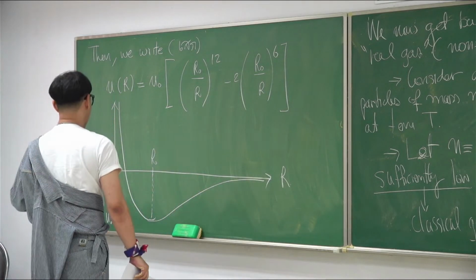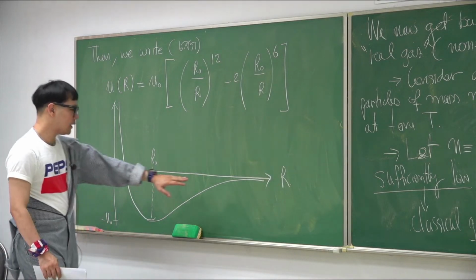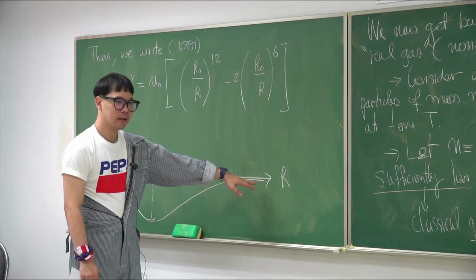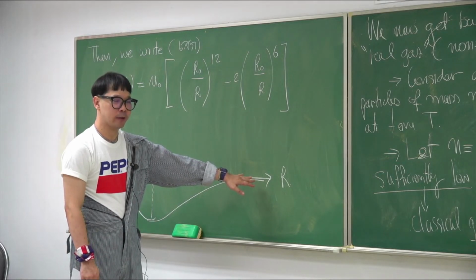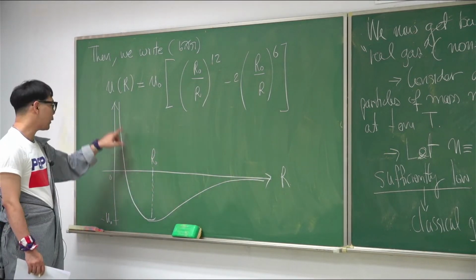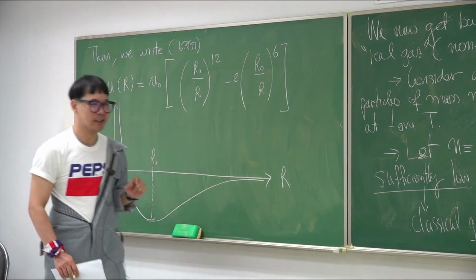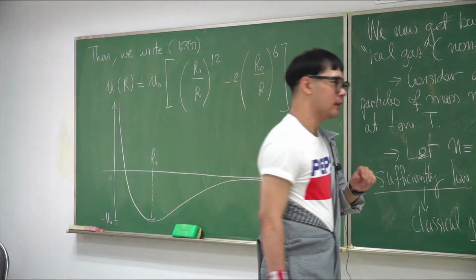If it's very, very far away, your potential is going to be very weak, right? And if it's very close to each other, it's going to be very, very strong. Okay, that actually satisfies our condition.